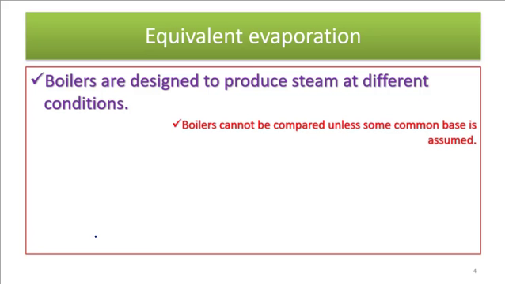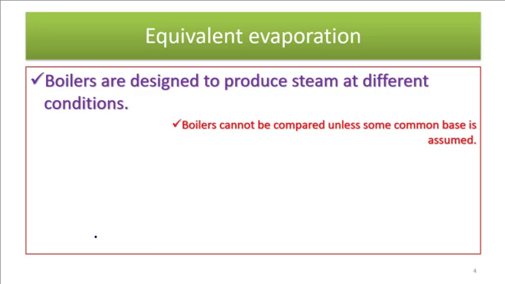Equivalent evaporation. Boilers are designed to produce steam at different conditions. Steam is produced at different pressures and temperatures. The quality of steam may be wet steam, dry steam, or superheated steam. And also the feed water temperature is different for different boilers.